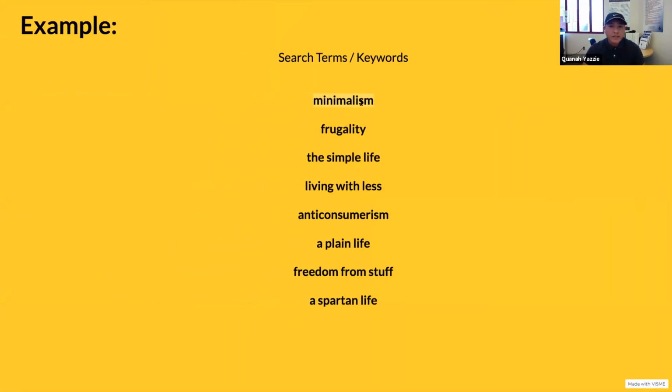So here I have minimalism, frugality, the simple life. These are phrases as well. Living with less. Anti-consumerism. This could go into people that are not consumers and are against it. A plain life, freedom from stuff, a Spartan life, and things like that.